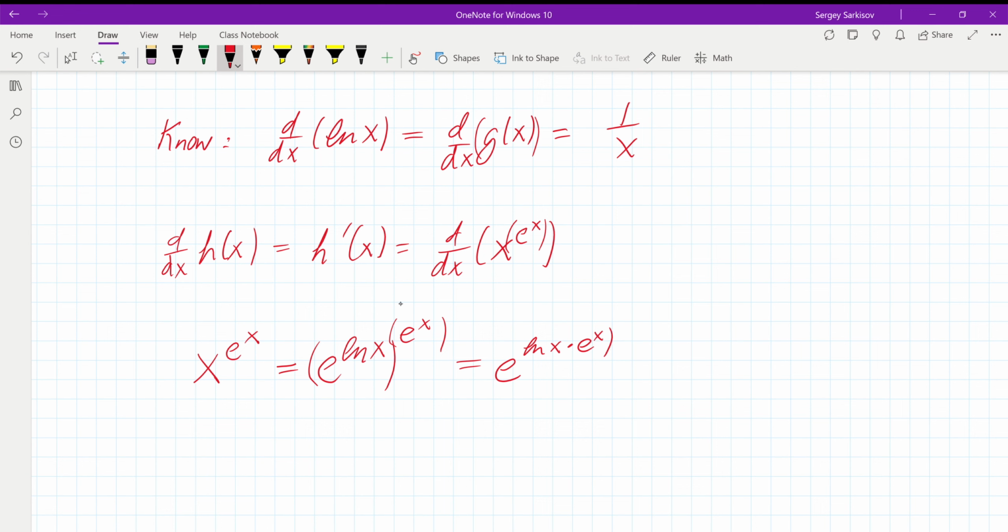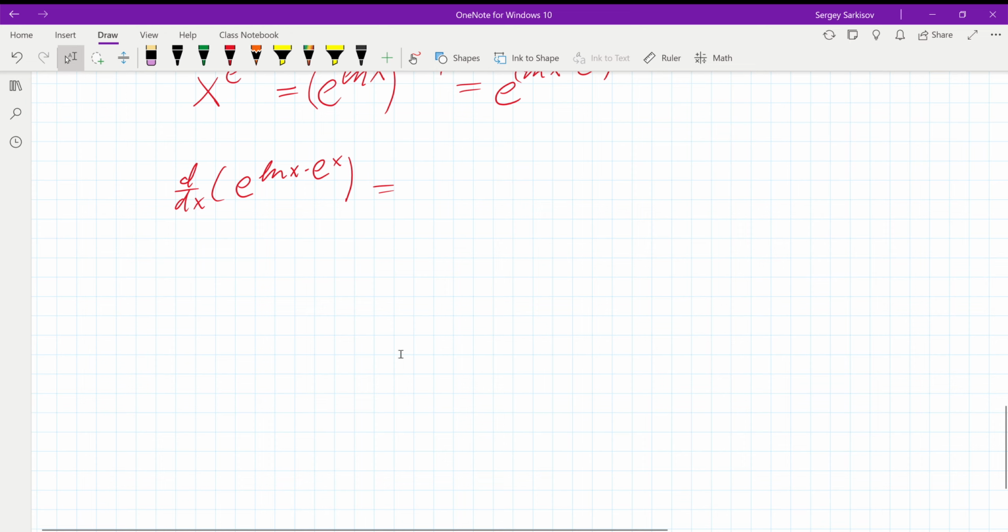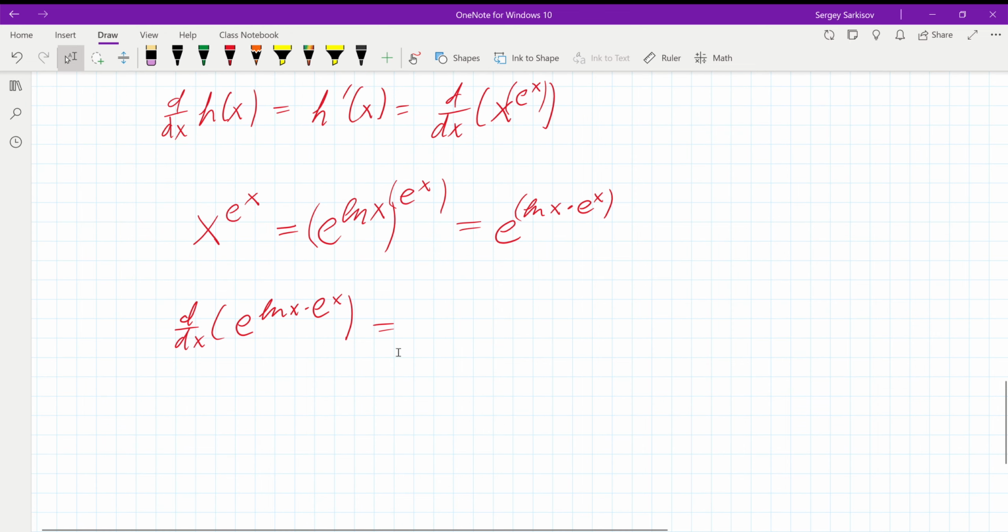Cool, right? Okay, what's the derivative of that right there? We can do that. It's the derivative of e to the ln x times e to the x. There's a product rule there as well, right? Let me do the derivative of the inside. It's a chain rule.